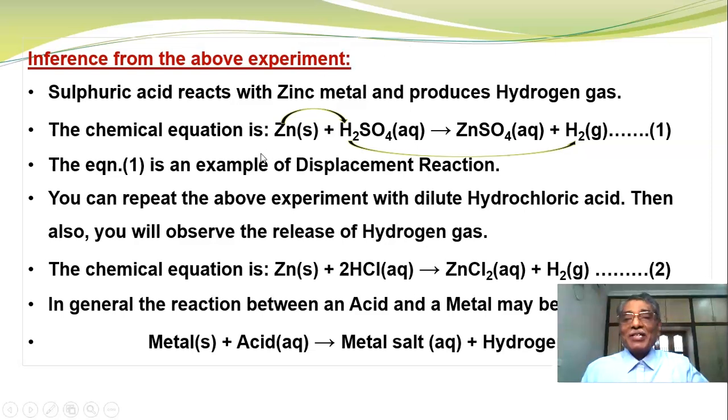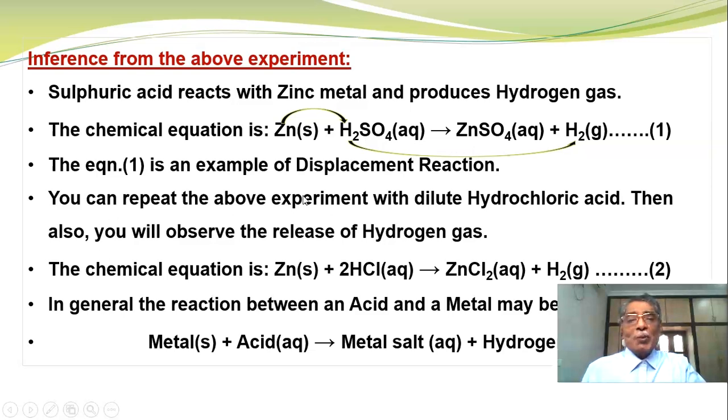The chemical equation is Zn(s) + H2SO4(aq) → ZnSO4(aq) + H2(g). Equation 1 is an example of a displacement reaction, because here zinc is displacing hydrogen from H2SO4. Hydrogen gas is thrown out and zinc is taking its place to form zinc sulfate.